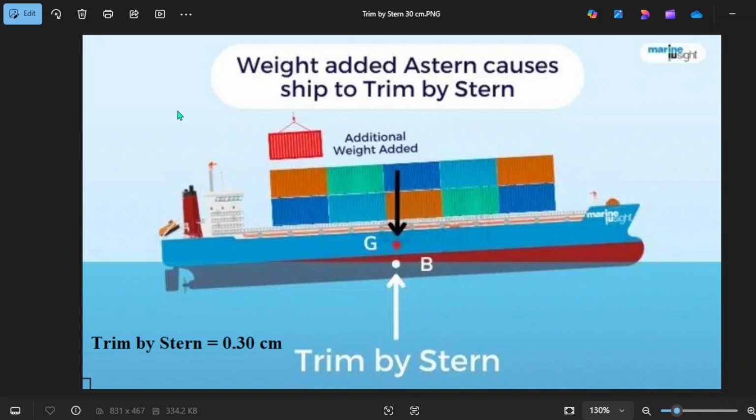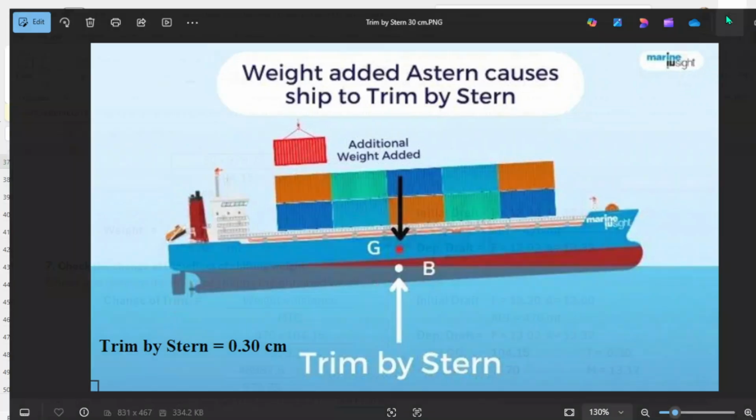Although if you are loading your ballast water in the after peak tank, the vessel will sink more in the after peak and less in the fore peak. But the idea is that the vessel will sink because of the weight loaded here.